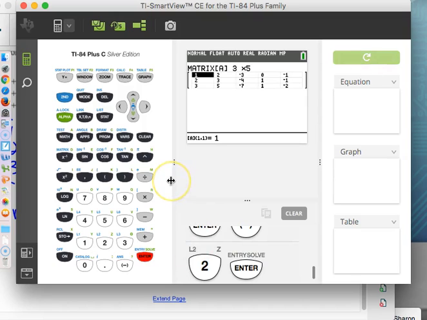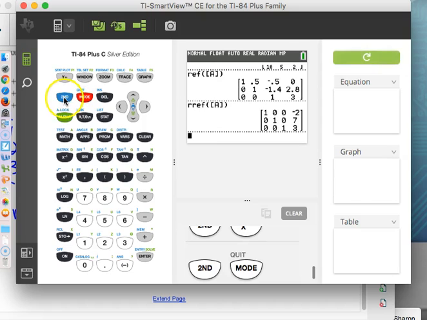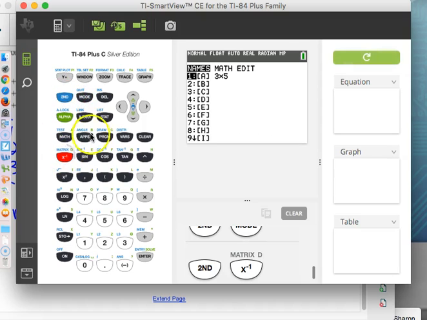All right, let me make sure I'm in it right. Okay, looks good. Second matrix. Oops, got to get out of that window. Second quit. Second matrix.